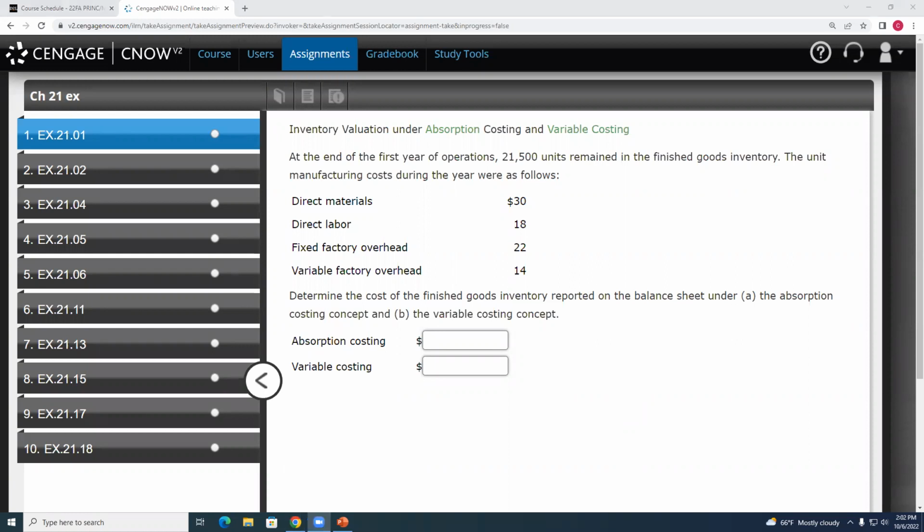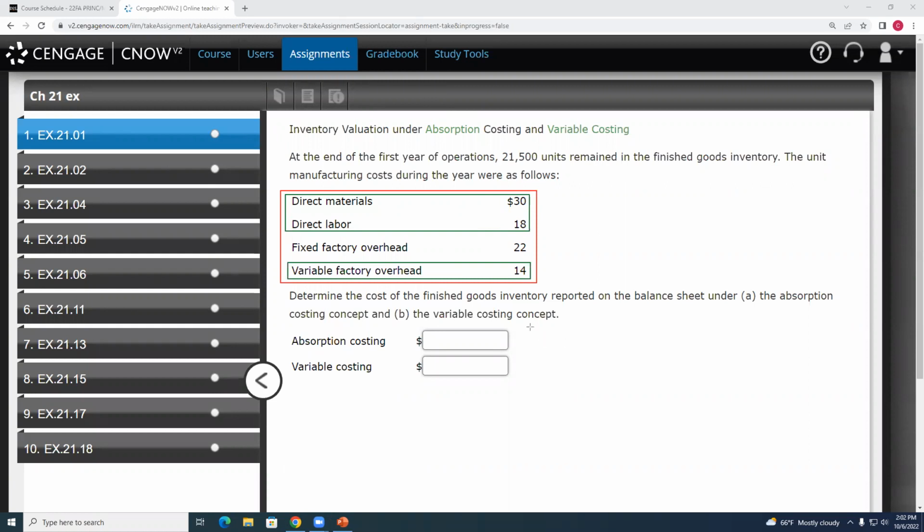So absorption costing is going to include all 4 of those costs, but variable costing is going to include just the variable costs, I guess, as the name implies, right?